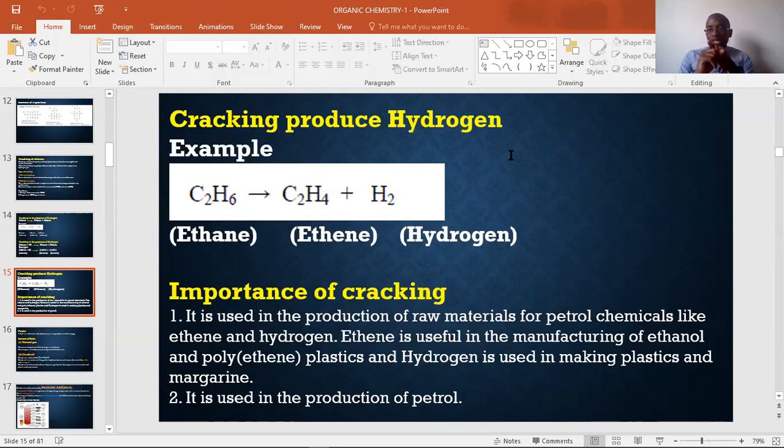Then we have cracking in the absence of hydrogen, where an alkane and an alkene is produced. And then cracking is also an industrial process that produces hydrogen on a large scale, and hydrogen is used for so many industrial purposes, which is manufacturing of margarine, plastics, and petrol.